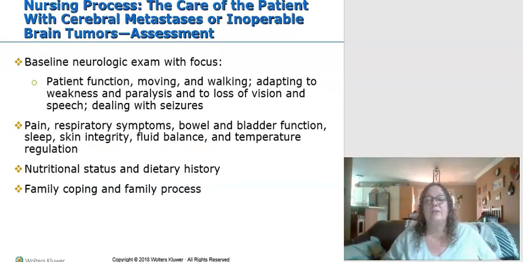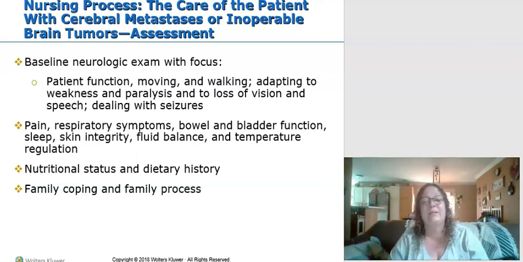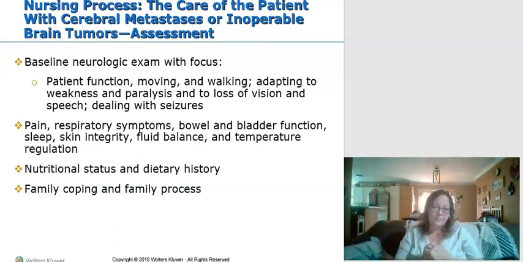So the care of the patient with a cerebral metastasis or inoperable brain tumor. If they have an inoperable brain tumor or brain mets, this may, again, depend on the patient.